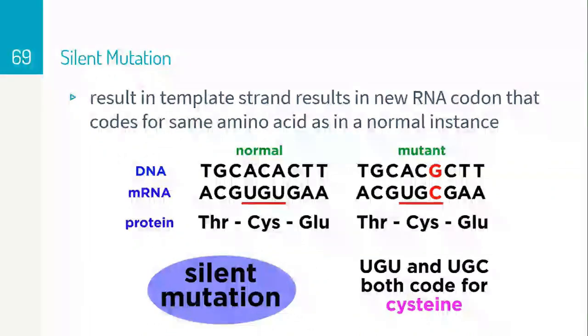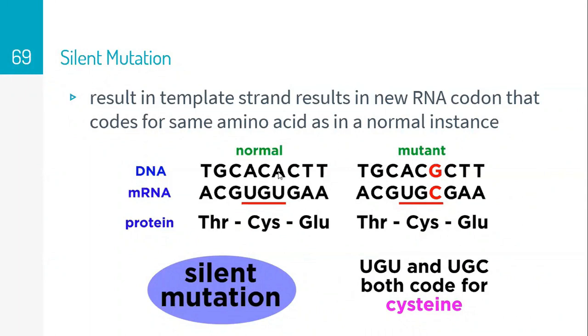Remember, we have 20 amino acids in general, comprising the essentials and non-essentials. So a single amino acid can at times be coded for by different codons. UGU and UGC both code for cysteine.